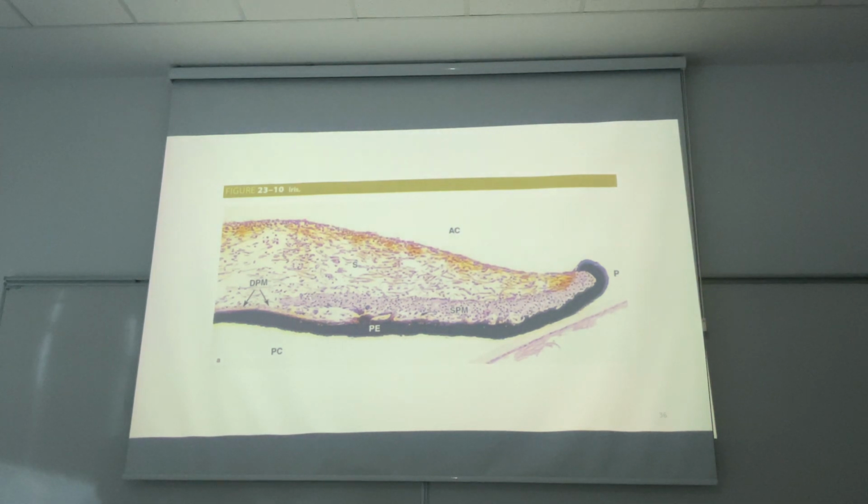The number of melanocytes and melanin pigment in this connective tissue is related to the color of the eye. If the amount of these cells is high in the iris, we have a darker eye color, and in persons with light eye color, we have a low amount of pigmented cells in the connective tissue. Okay, the amount of cells in the connective tissue is related to the eye color.